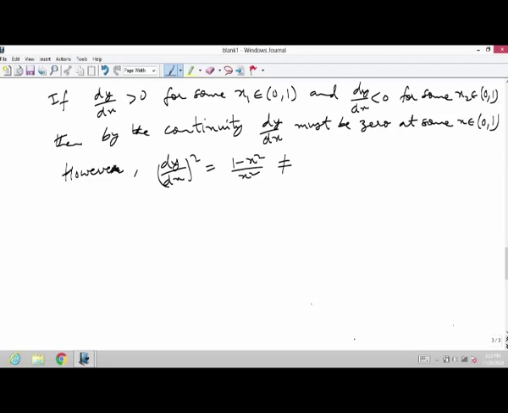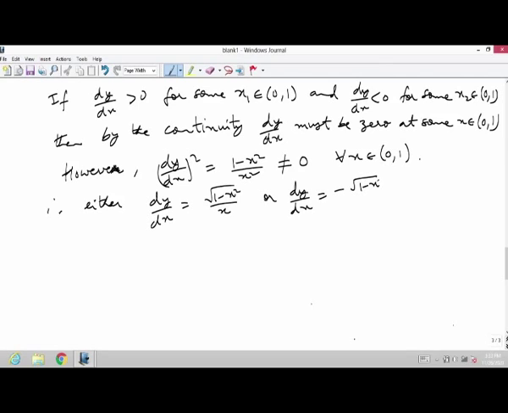This is non-zero for all x in the open interval (0, 1). So, therefore, either dy/dx is equal to square root of (1 minus x square) by x, or dy/dx equal to minus square root of (1 minus x square) by x for all x in the interval (0, 1).